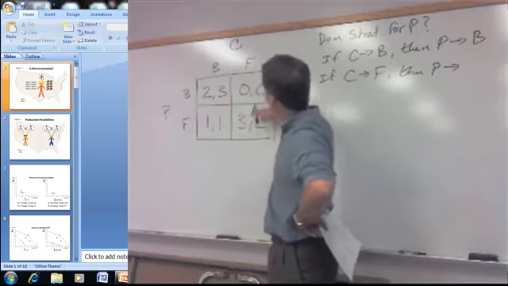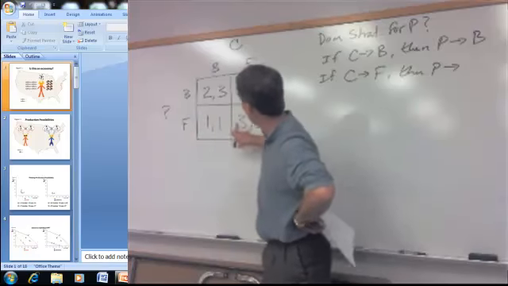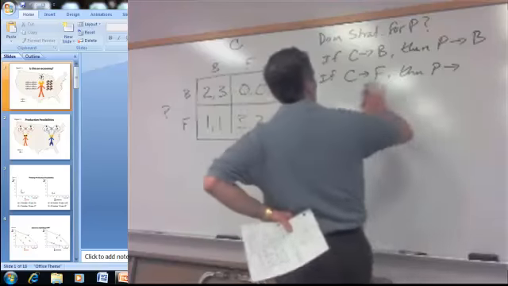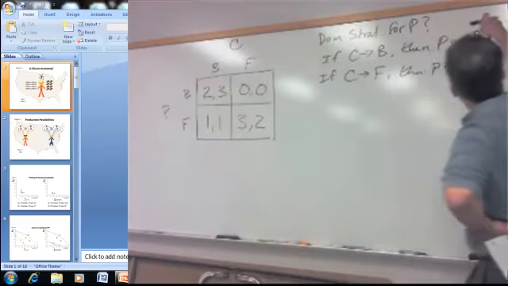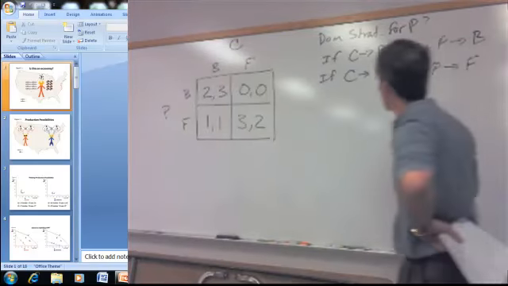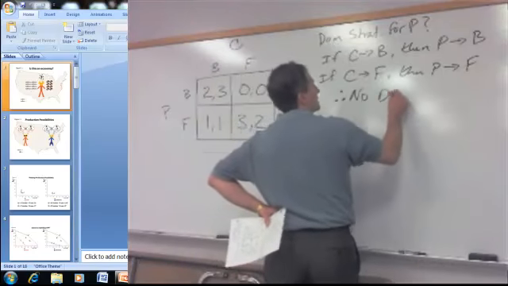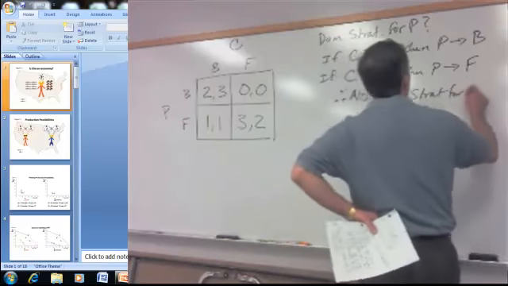If Chris chooses to go to the fights, then Pat's better off with going to the fights because 3 is greater than 0. All right, so because we got different answers here, in one situation, go to the ballet, in another situation, go to the fights, there's no dominant strategy. Therefore, no dominant strategy for Pat.